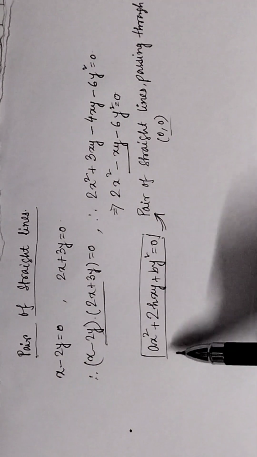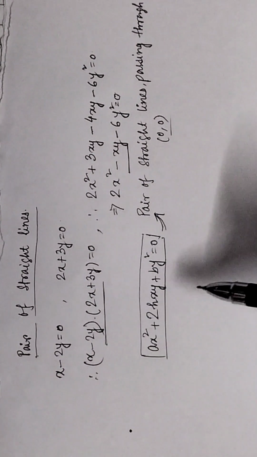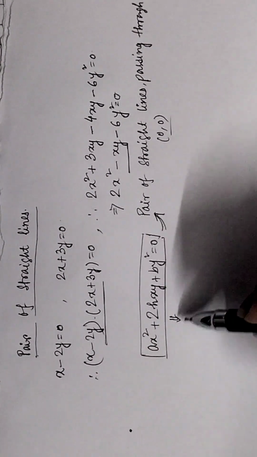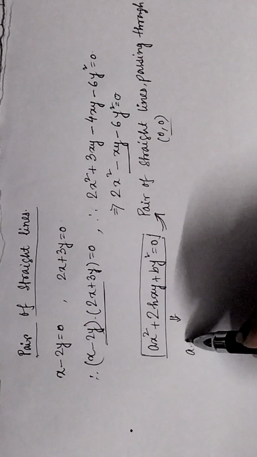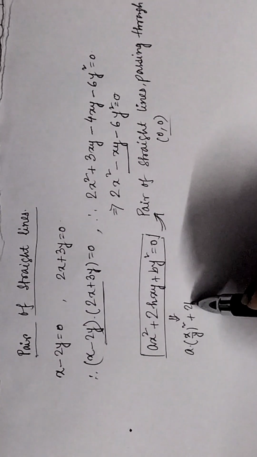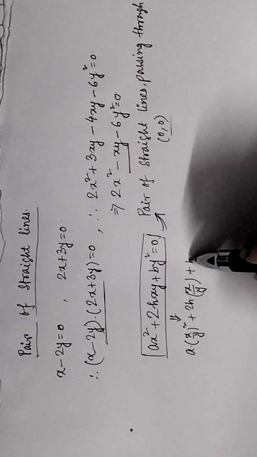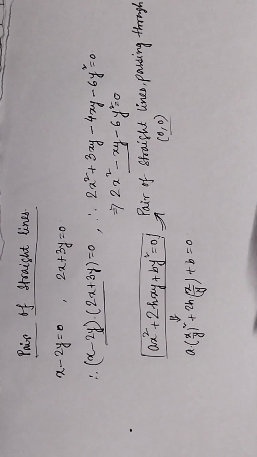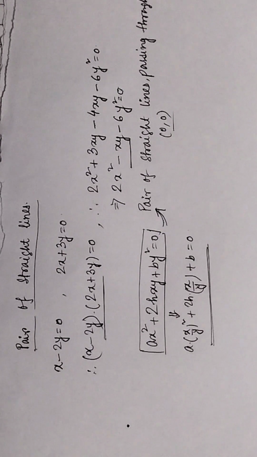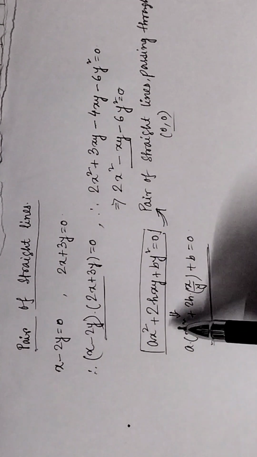And make sure students, this is a homogeneous structure, right? If you divide both sides of this equation by y square, you will get a (x by y) square plus 2h into x by y plus b equal to 0, right? So this is a homogeneous equation of degree 2 because the highest power of the variable here is 2.